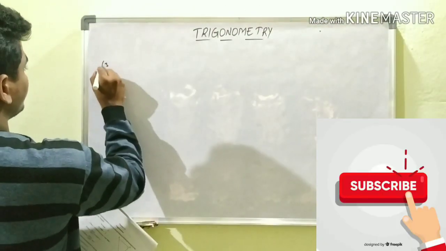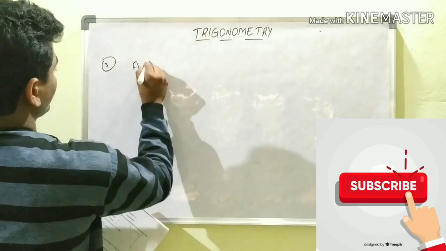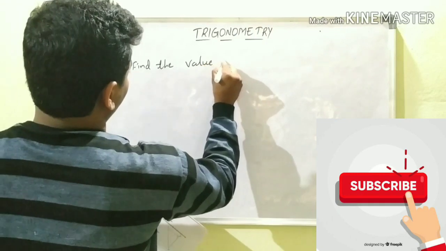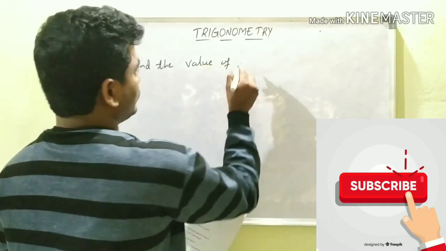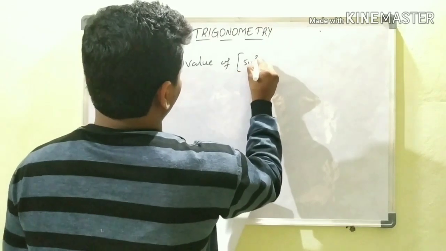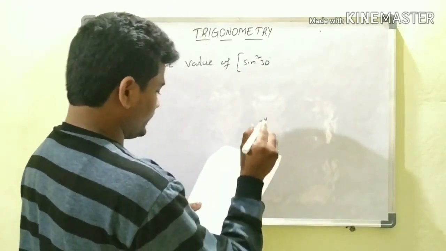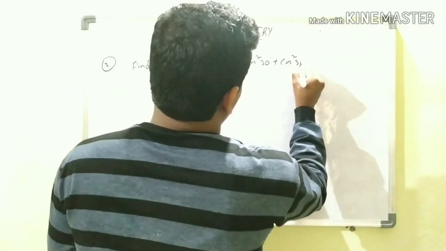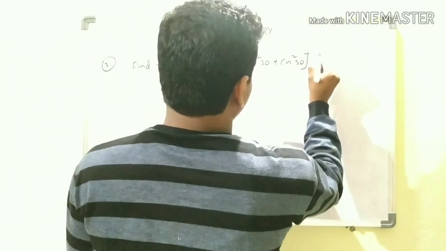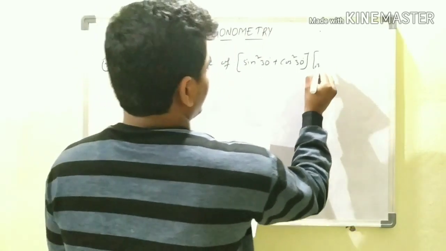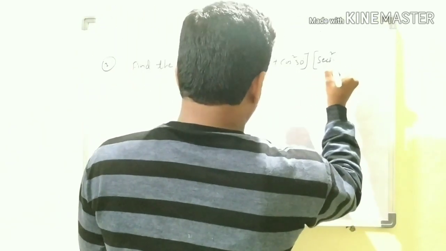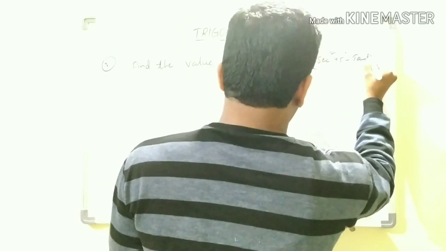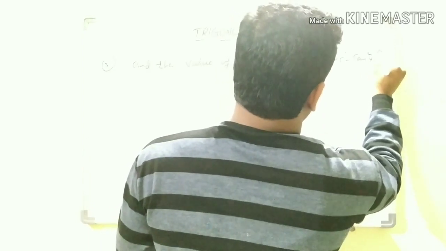Value of sin square 30 degrees plus cos square 30 degrees, into sec square 45 degrees minus tan square 45 degrees.